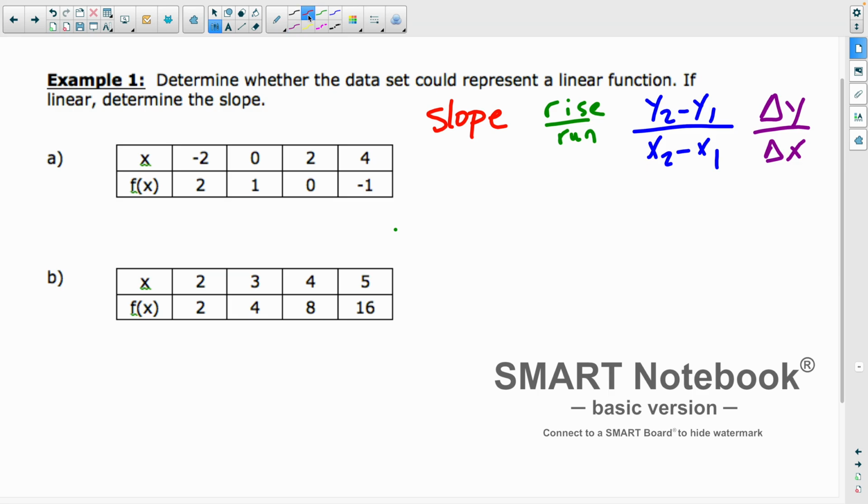It's got a long word that we don't like to use a lot. Or phrase, I should say. Constant rate of change. Okay? Constant rate of change. So if it's a constant rate of change, it's the same change over and over and over again.